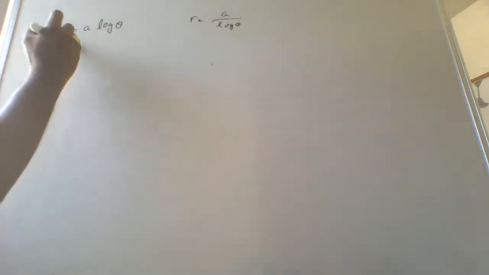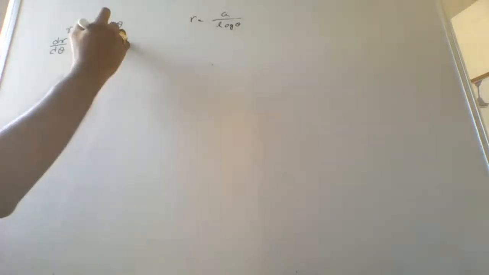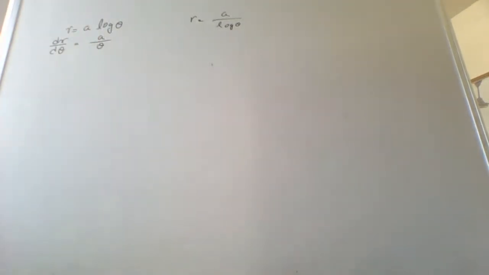Now this dr by d theta would be a by theta. Log x will be 1 by x, so it is 1 by theta.